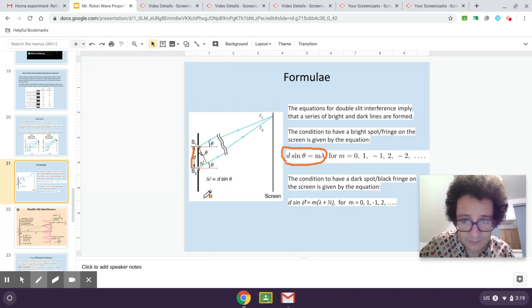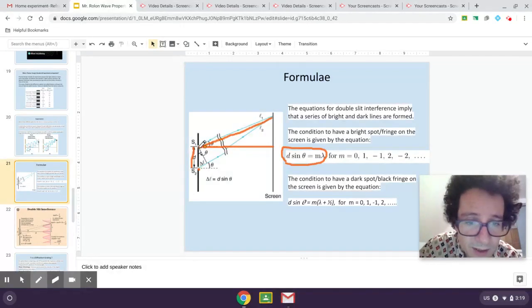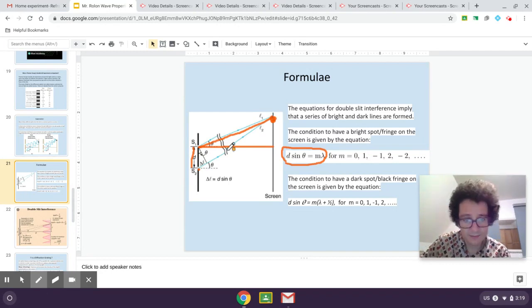Then we're gonna have the angle, which is practically, if we draw a right triangle between the aperture and, let's say, the point of light we have on the screen, we're gonna have an angle over there, which is this one here.